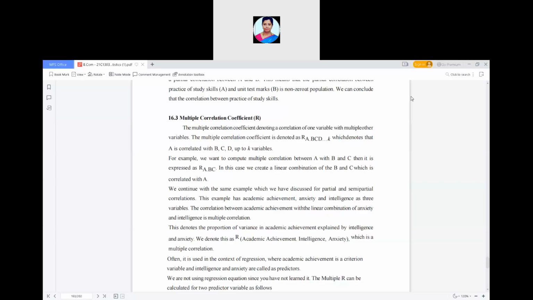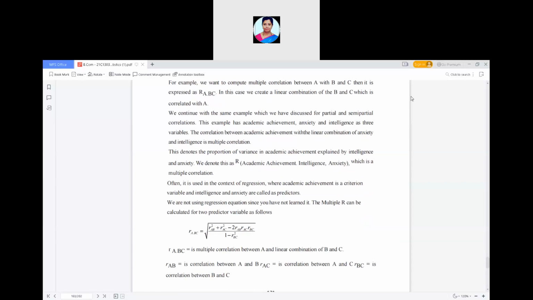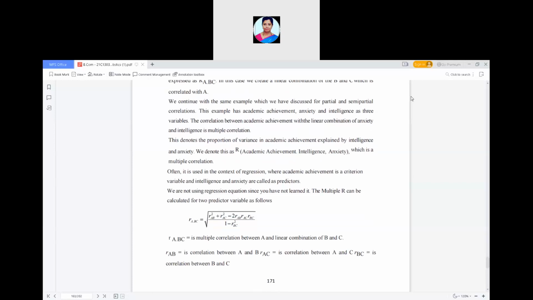It denotes the proportion of variance in academic achievement explained by intelligence and anxiety. We use the notation R A dot BC equals the square root of (r AB squared plus r AC squared minus 2 r AB r AC r BC) divided by (1 minus r BC squared).